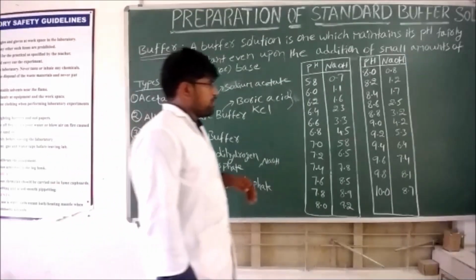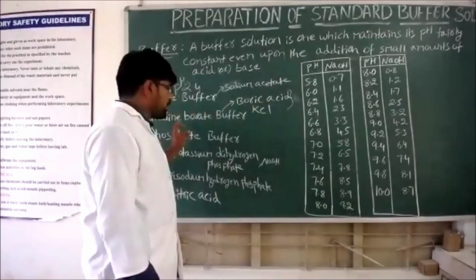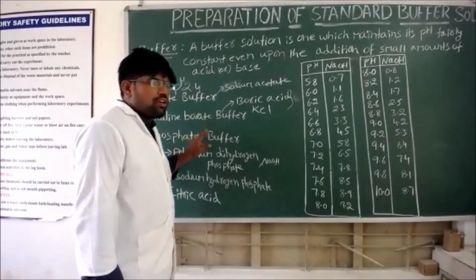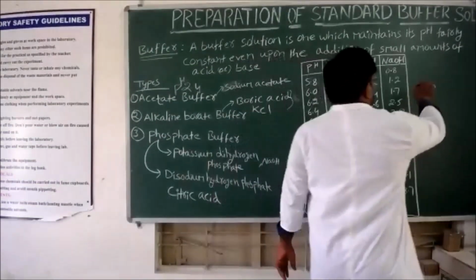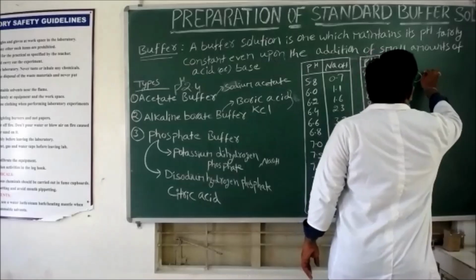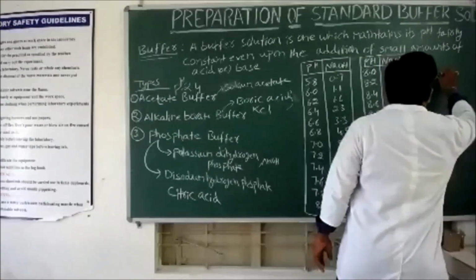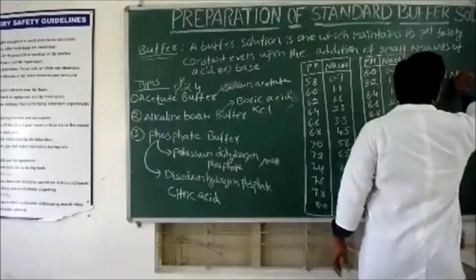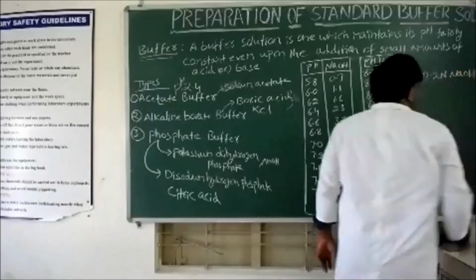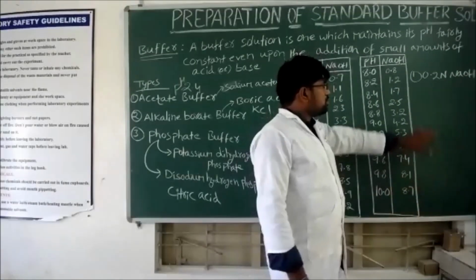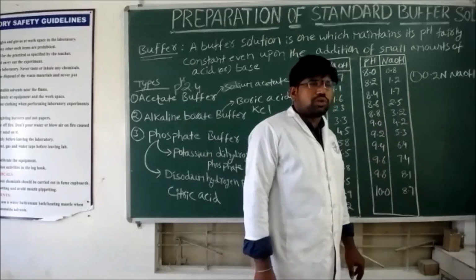For example, if you are going to prepare the alkaline borate buffer, first we have to prepare 0.2 normal sodium hydroxide solution.